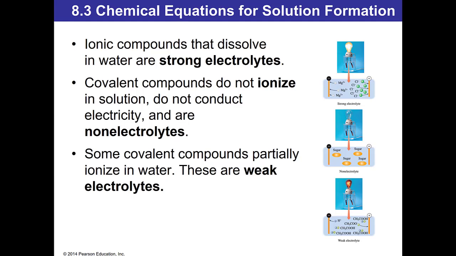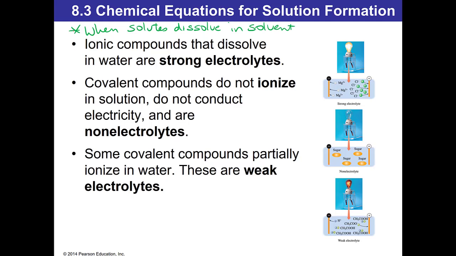So another property of things dissolving and mixing is what happens to the individual solute molecules when they mix. When solutes dissolve in a solvent, the nature of the solute may affect what the solution is actually capable of doing.